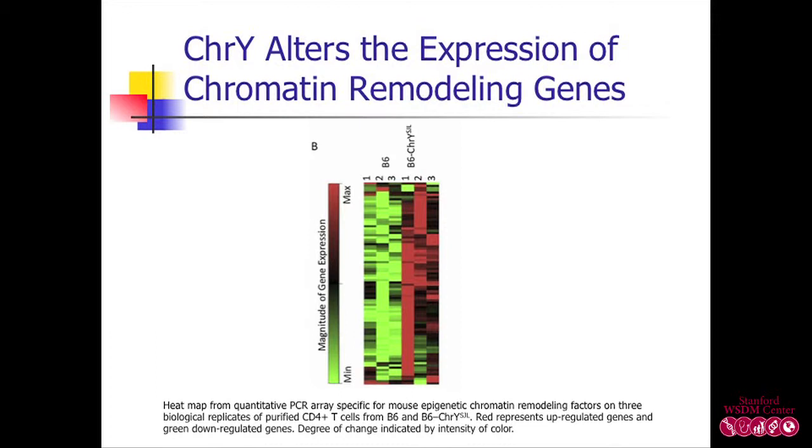That correlates with these differences in splice variant formation. So chromatin remodeling is impacted by Y chromosome polymorphism, which in turn regulates in some way the effector function of those CD4 T cells. That was our publication that came out in Genome Research sometime in 2013.